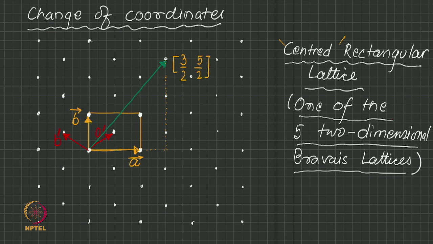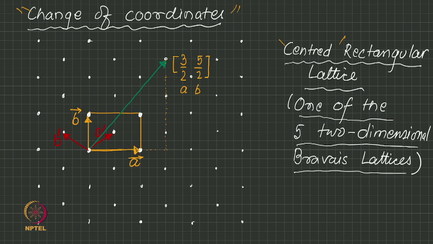So, if I transform this into A prime B prime. So, this was with respect to A B. The question is, what is the coordinate of the same green vector with respect to the red? That exercise is what is involved in change of coordinates.